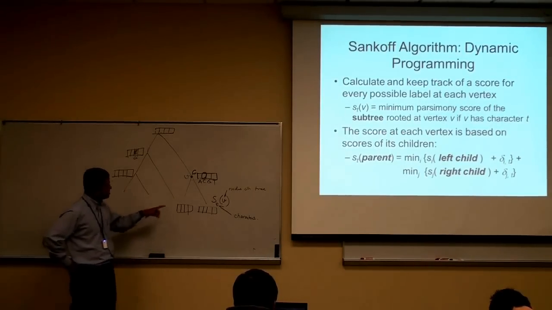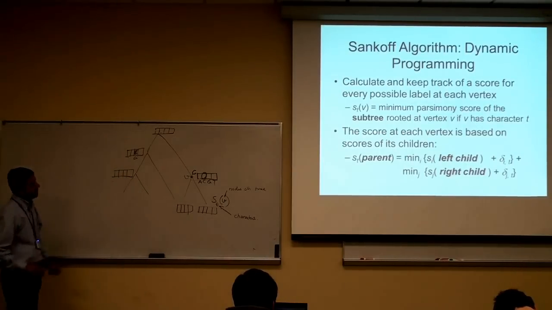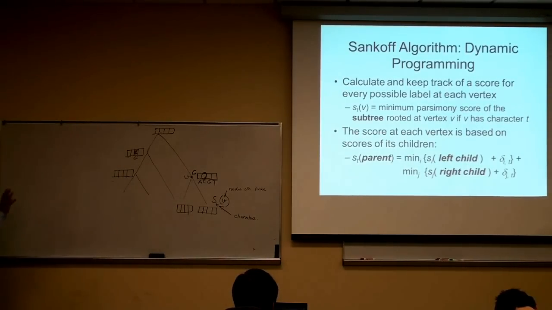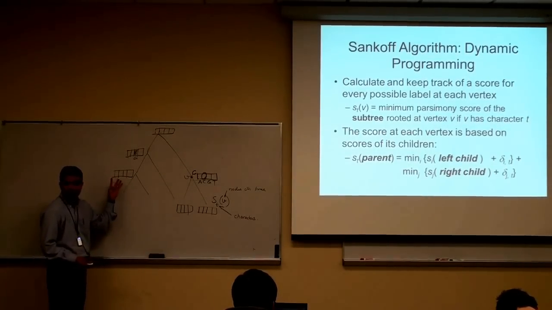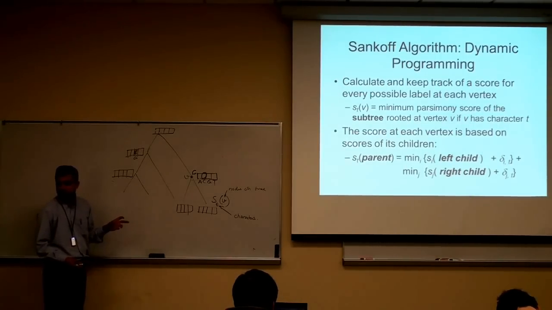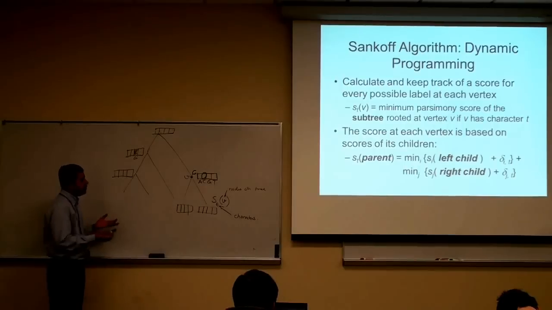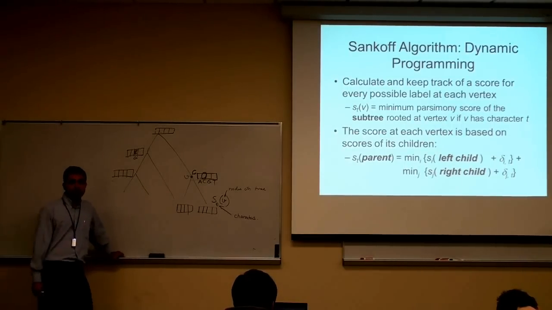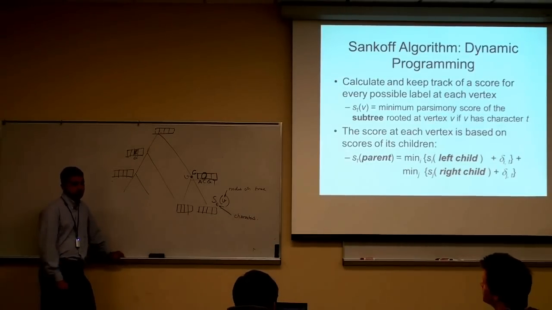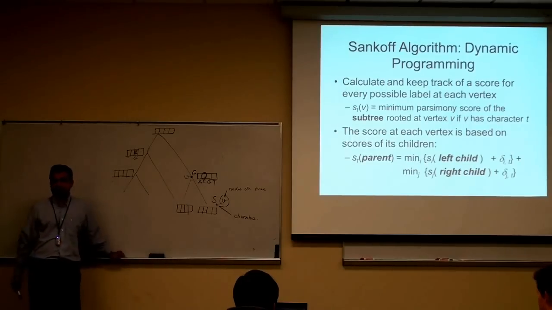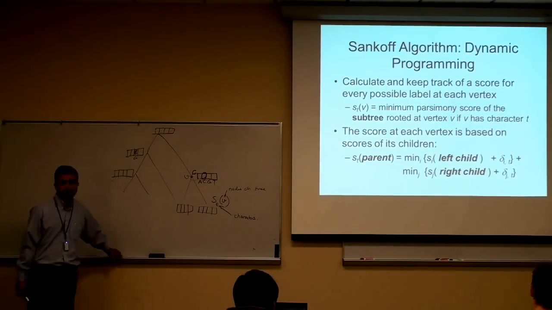The other thing to note is what's the time complexity going to be, approximately? We've not seen the recurrence yet, so you don't know the answer, but there's 4 values to compute for every node. The number of nodes is linear in the number of leaves. If you're only counting internal nodes, it's about the number of leaves. If you're counting all nodes, it's about twice the number of leaves.